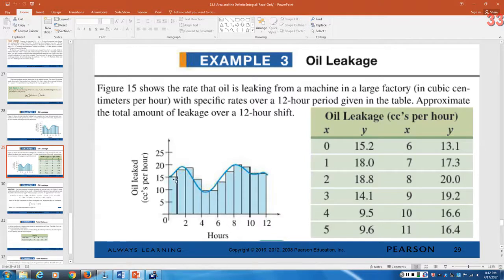Using the graph, we're estimating. Each one of these goes from 0 to 1, then 1 to 2, 2 to 3, 3 to 4, so these are all 1 unit wide. We've divided it up into 12 rectangles. The first one is rectangle 0, and the last one is rectangle number 11.